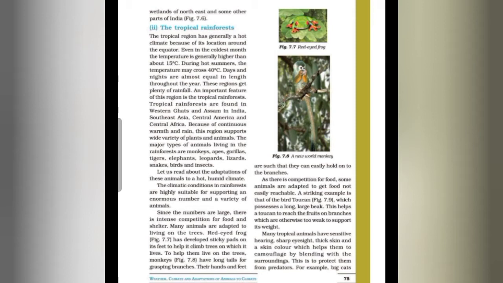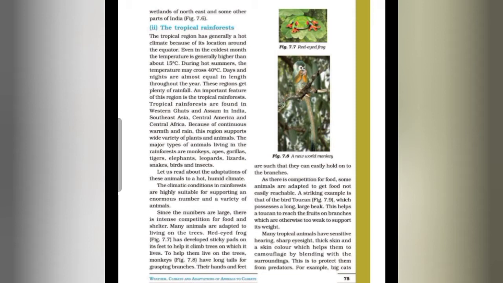They have sunlight for at least 12 hours, that is, days and nights are almost equal in length throughout the year. The tropical regions have dense tropical rainforest. Tropical rainforests are found in Western Ghats and Assam in India, Southeast Asia, Central America, South America, Central Africa and many islands of the Pacific Ocean.